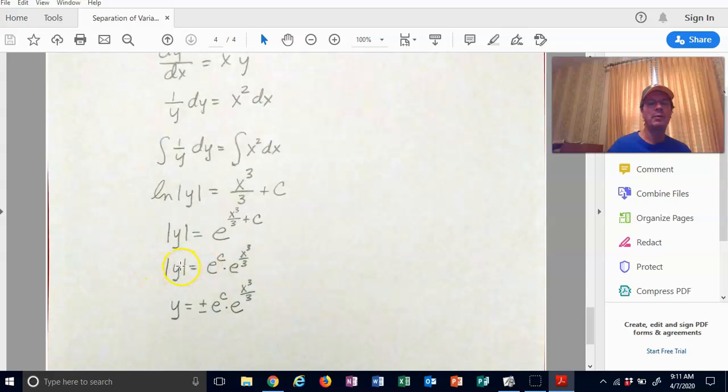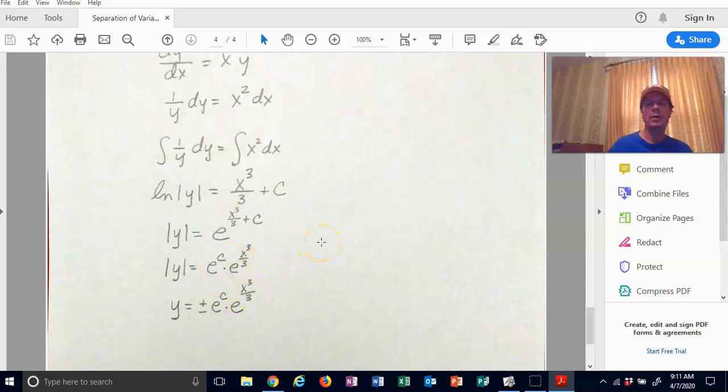I know the absolute value would make it positive, but what goes inside here? So what we can do is say that y is going to be either positive e to the c times e to the x cubed over 3, and if it is, the absolute value just makes it positive, or y could be negative e to the c times e to the x cubed over 3, and if it goes inside the absolute value, it would make the result this positive thing we have here.